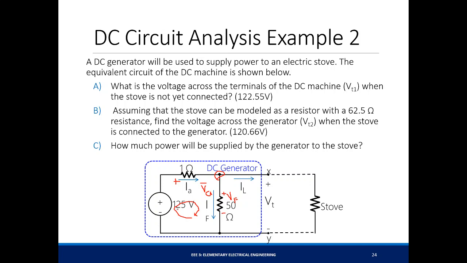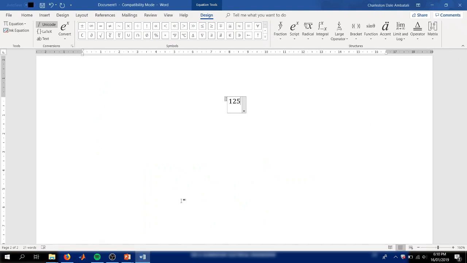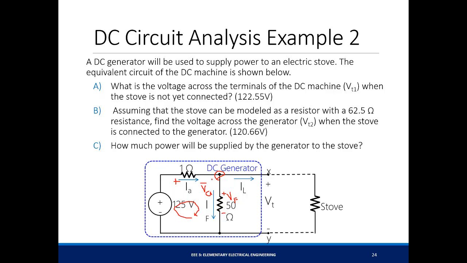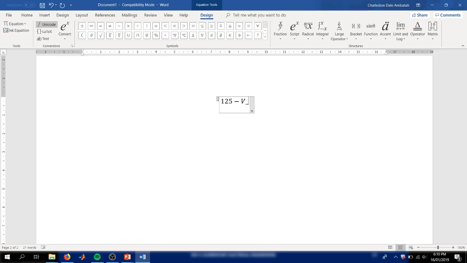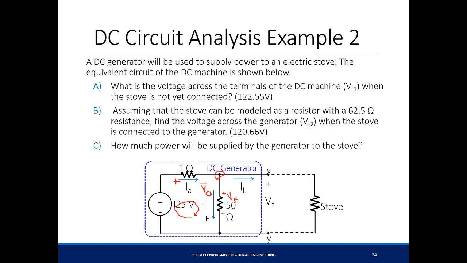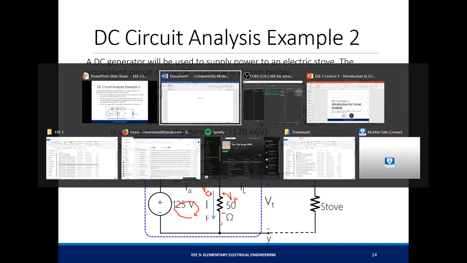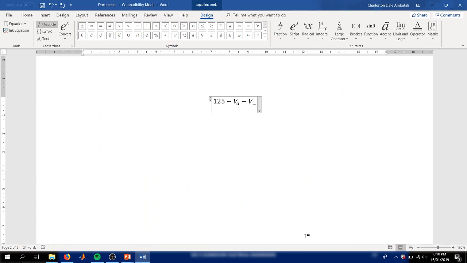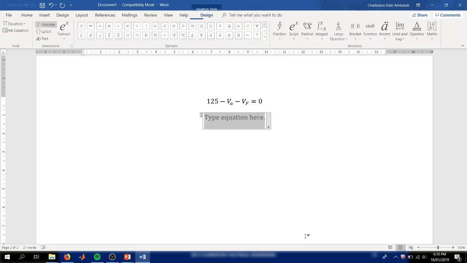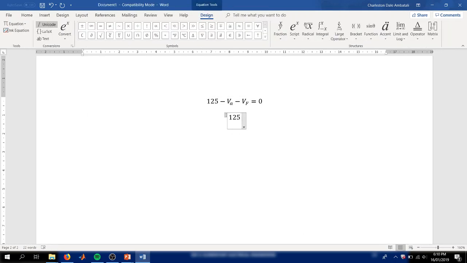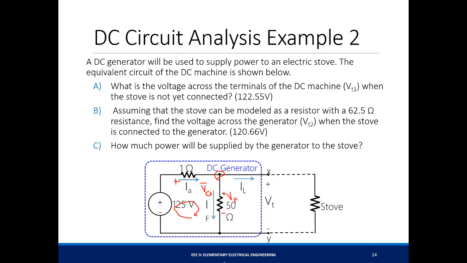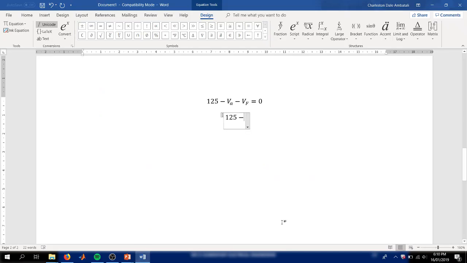So that's from negative to positive, positive 125, positive to negative, negative VA, and positive to negative, negative VF. And you'll get equal to 0. So by Ohm's law, we get VA equal to IA times 1 ohm.